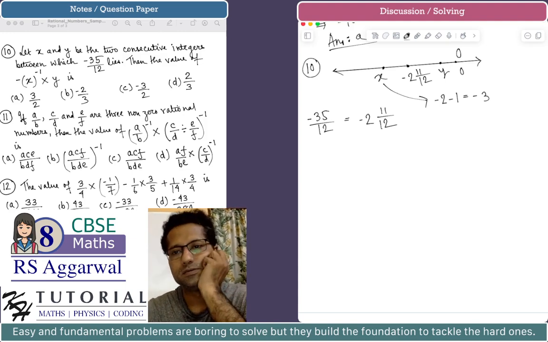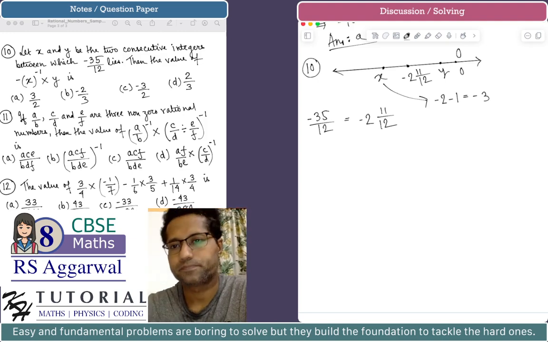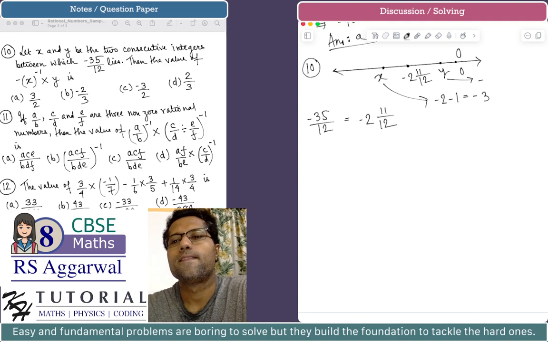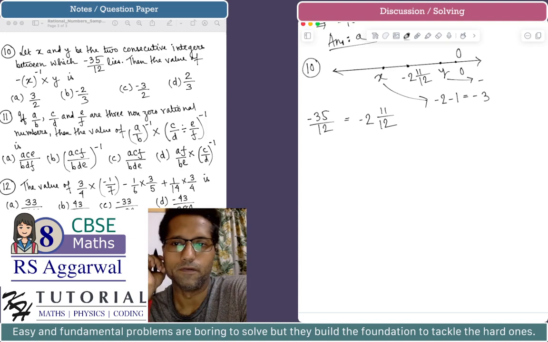Now y has to be the immediately succeeding integer of minus 3. Since minus 2 and 11 by 12 is between x and y, x is less than minus 2 and 11 by 12.